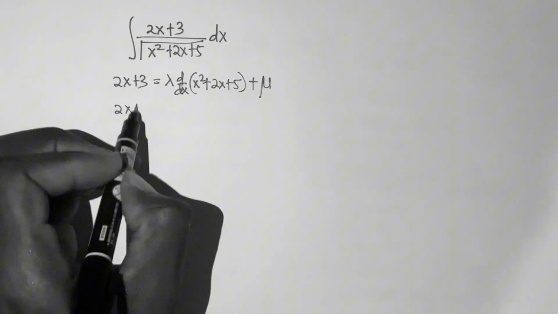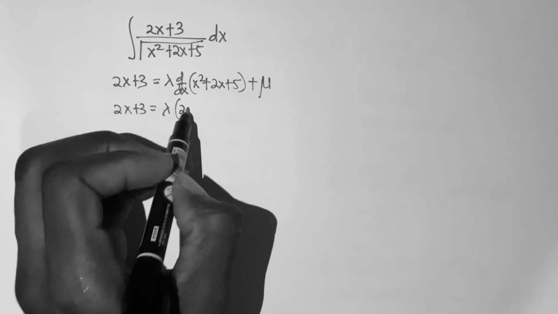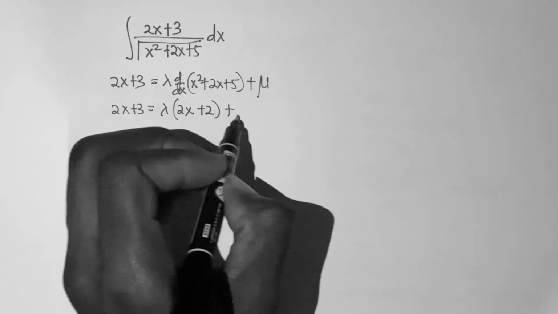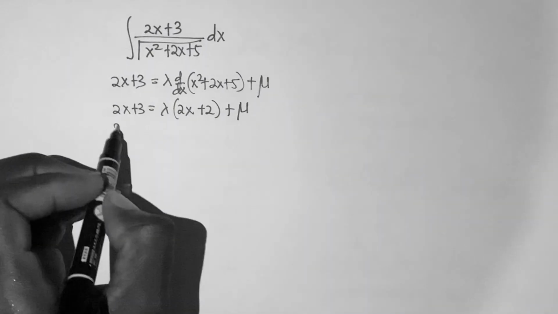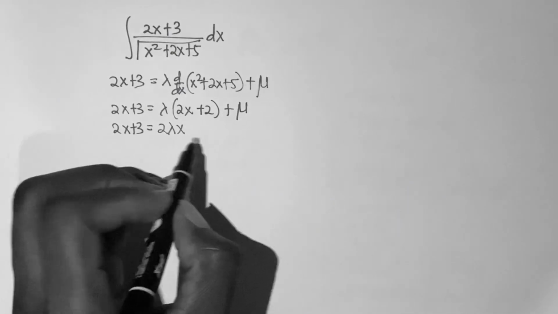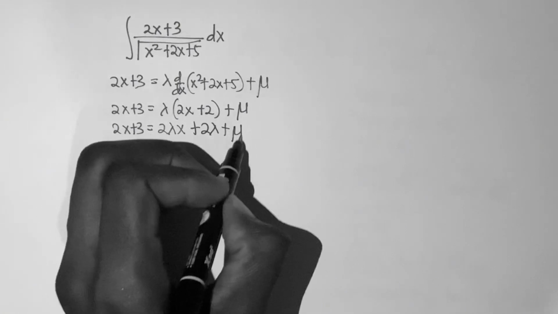So 2x plus 3 is equal to lambda times the derivative. Differentiate this, you get 2x, differentiate 2x, you get plus 2, then plus mu. So 2x plus 3 is equal to 2 lambda x, then plus 2 lambda plus mu.